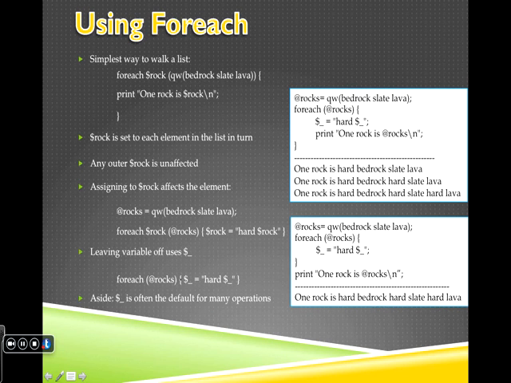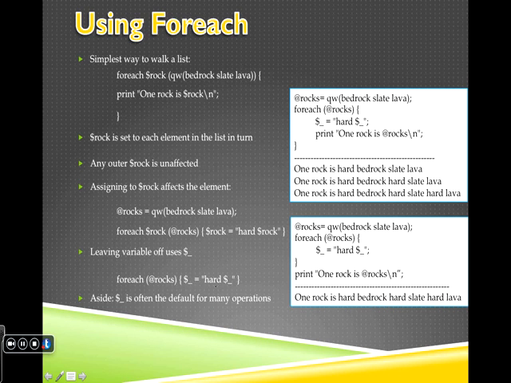So it will put hard bedrock, and print the rest because it didn't work on the rest. Now the second loop goes to the second one, but the first is substituted by hard bedrock. So the second time it will print hard bedrock, and go to the second element, add hard in front of it and print it.